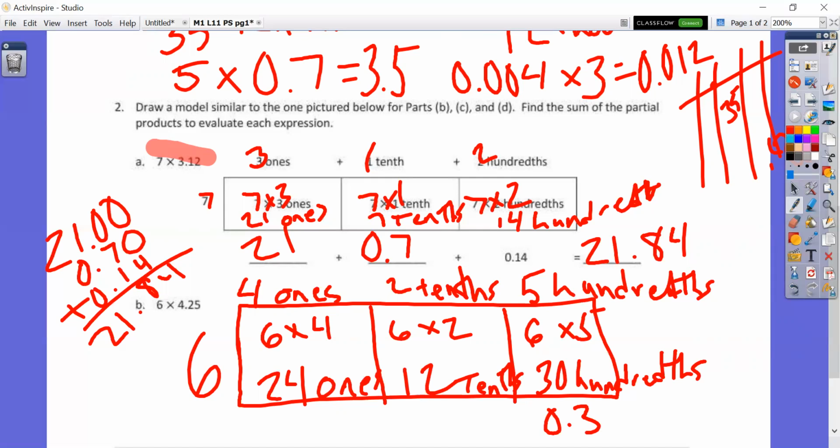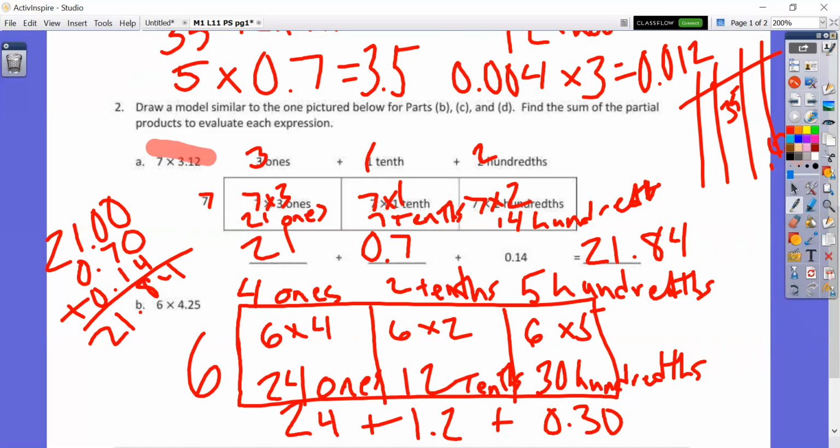And if you want to represent it as the 30 hundredths, you can. 12 tenths, again, visualizing 12 in the tenths place, knowing that you can't have more than 10, you need to regroup. So 10 of those tenths go over to our ones. And then 24 ones, so 24 plus 1.2 plus 0.30.